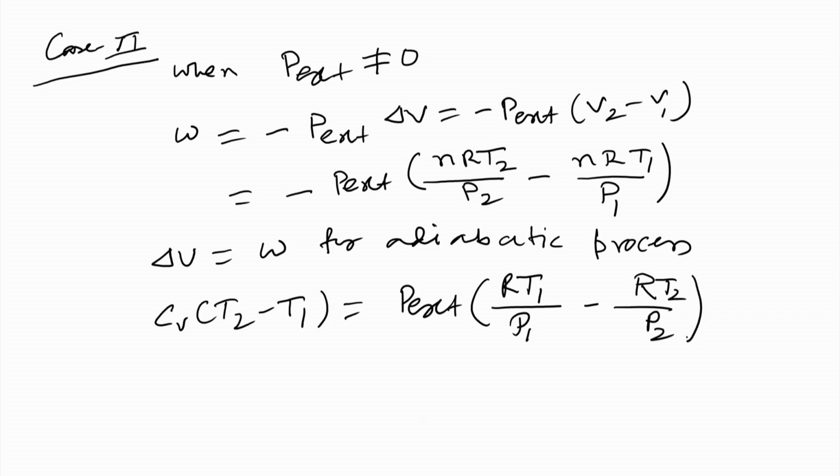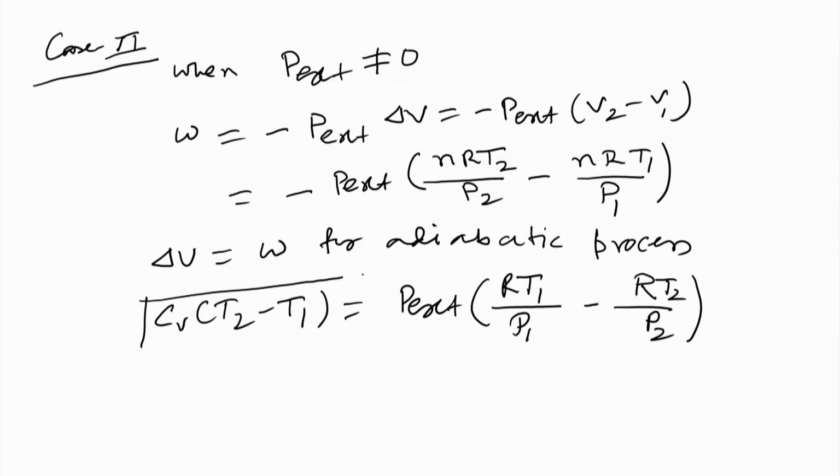like this. So, we considered three different cases for calculating work done. First is isothermal reversible process, where W we can write like minus nRT ln V2 by V1. Then we considered work done for adiabatic process, and for work done in adiabatic process we will have two different types.